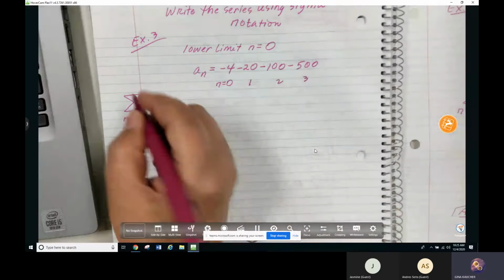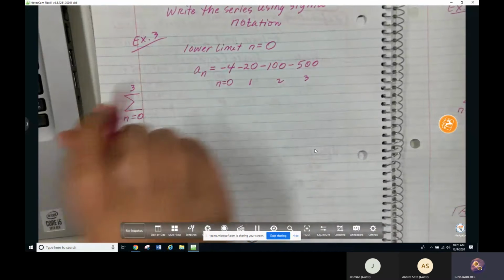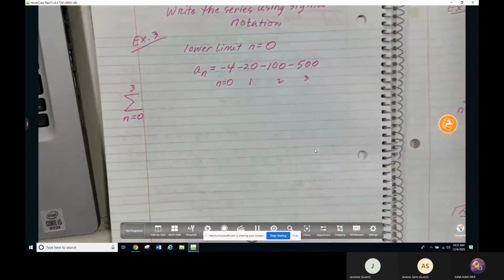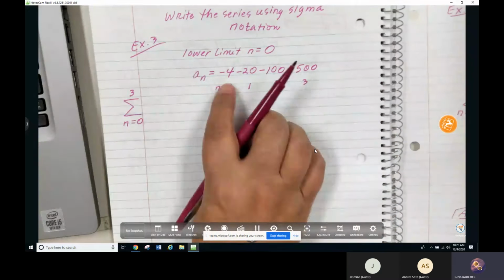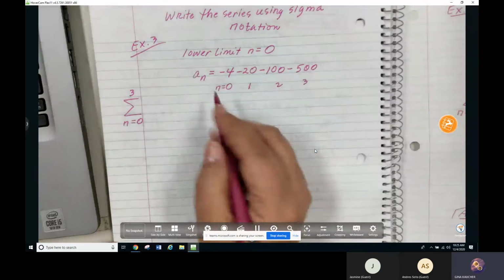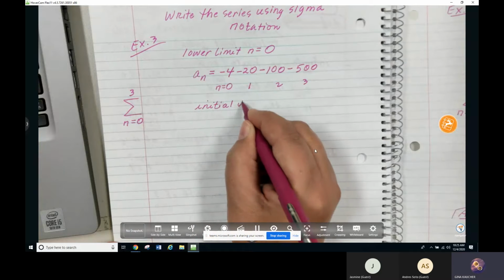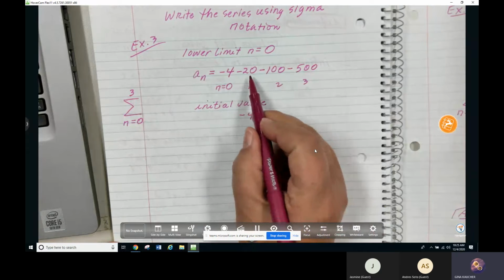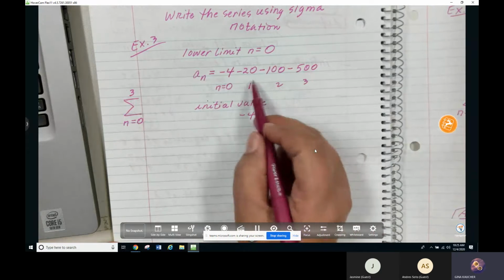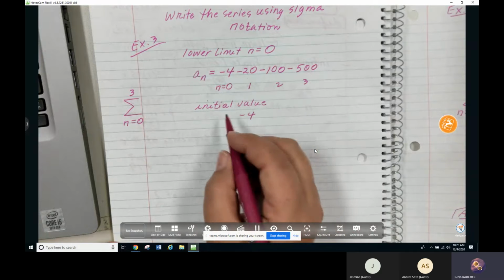So we can fill this in. We're just adding the first 4 terms, 0, 1, 2, 3. Okay, so if you look at this series, the initial value here is -4. And I'm interested in the initial value because, as you can see, you're multiplying here. You're not adding. It's not a common difference problem. Each time you're multiplying by 5.